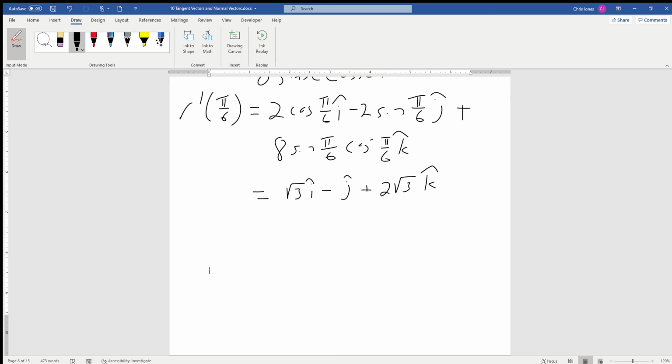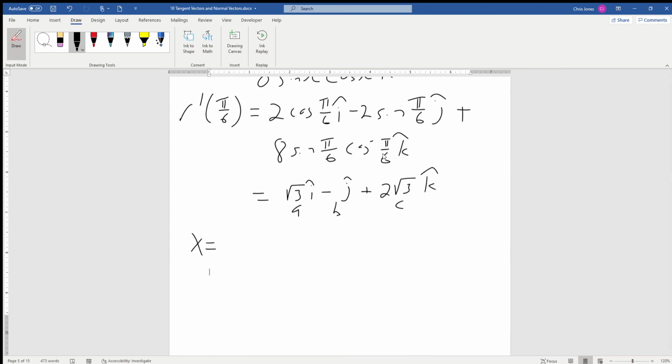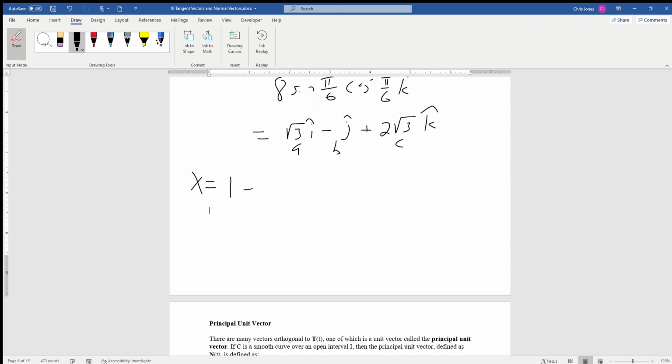And at this point, now we're set to be able to find the parametric equations. All right, so our a, our b, and our c are given by the derivative at pi/6. The point we had, I believe, was 1, root 3, 1. Right? And so x is going to be equal to 1 plus root 3 t. y is going to be equal to root 3 minus 1t.